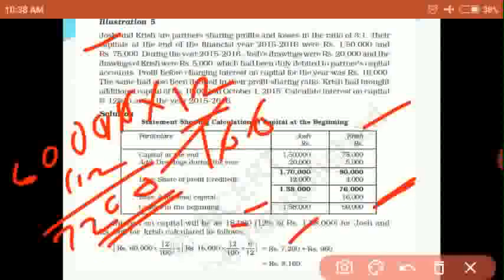As well, Krish has brought some additional capital into the business for how much? 16,000. On which date? Yes, additional capital 16,000 on 1 October. So from 1 October to 31st March, you have to calculate the months. It will be 6 months.